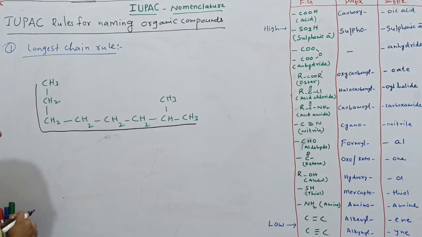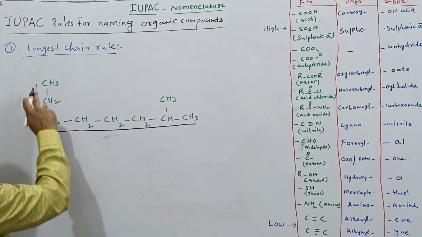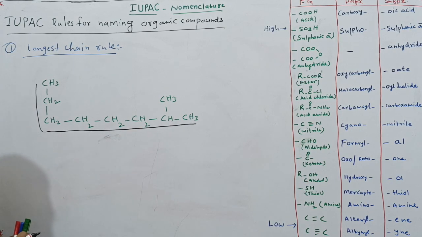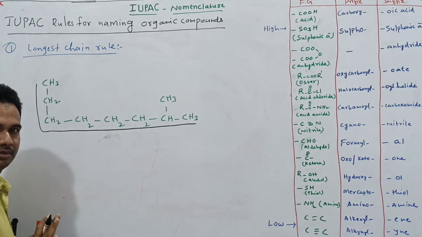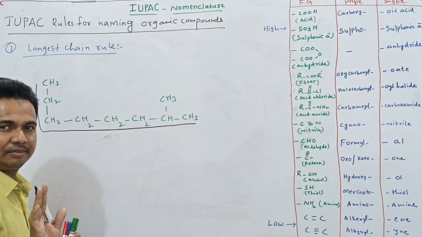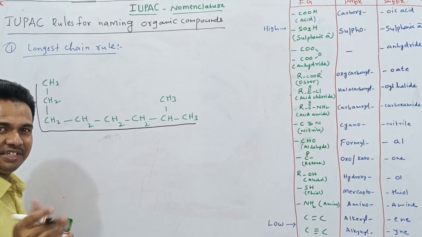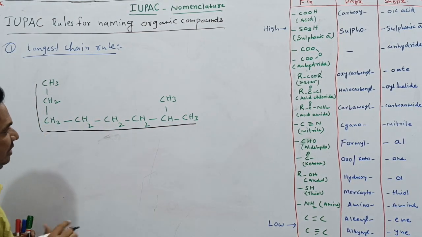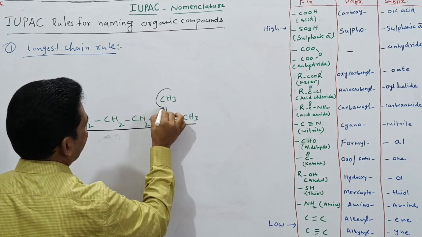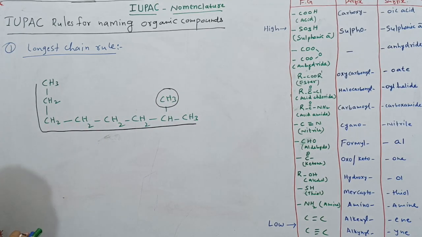But the rule does not say that. We have to select the longest chain, no matter whether the carbons are straight or not. That doesn't matter. Even if it is not straight, in this way we have to select the longest chain. Now this one we select as the substituent.